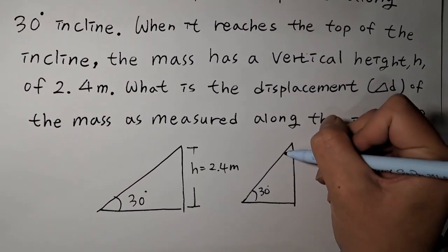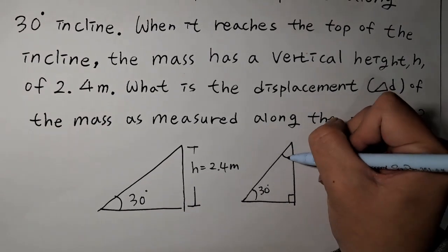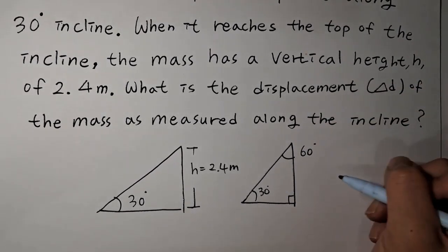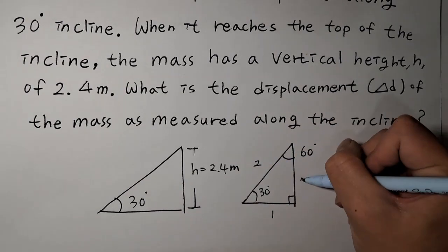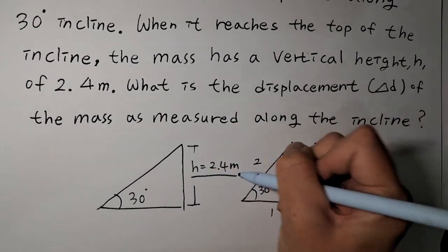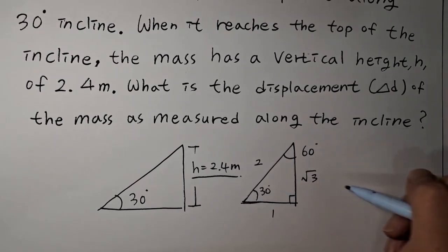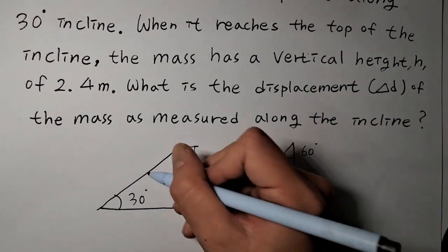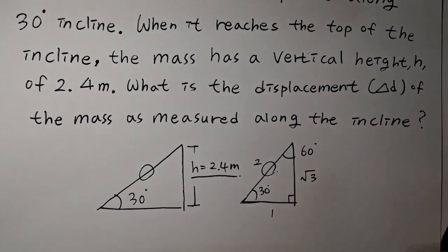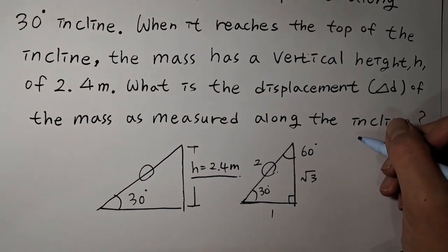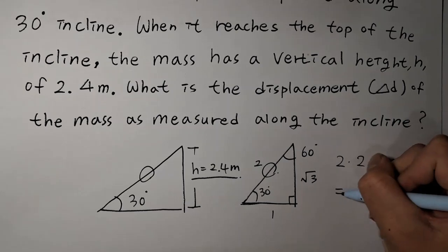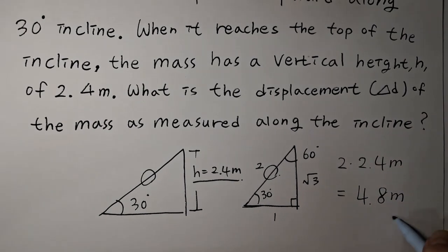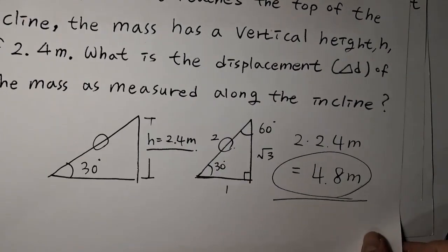This is 30 degrees, then this is a right angle, this is 60 degrees, then we can apply this, and we are going to find this, then just multiply 2 by the 2.4 meters, then 4.8 meters is the answer.